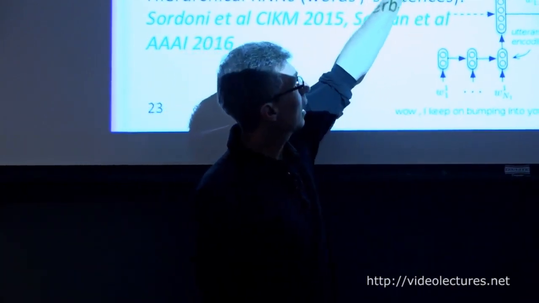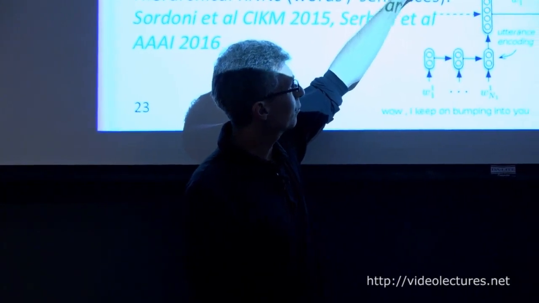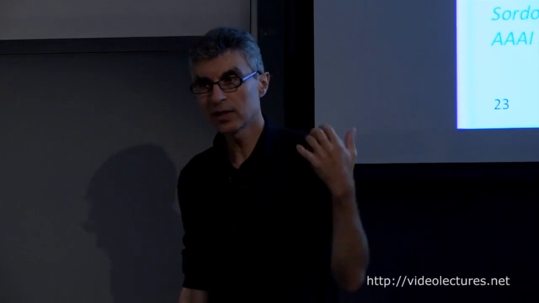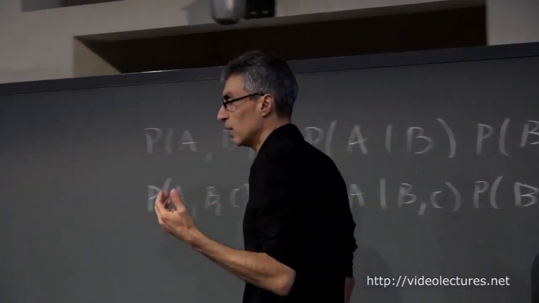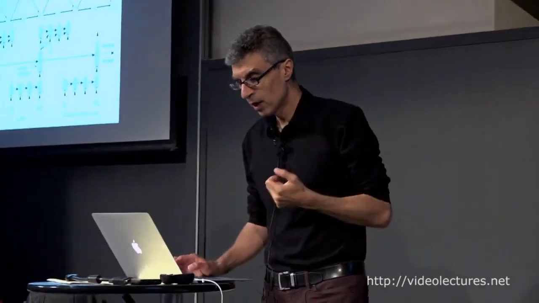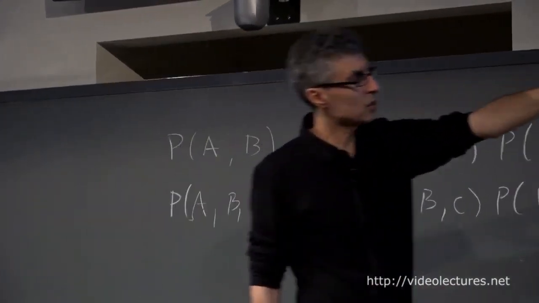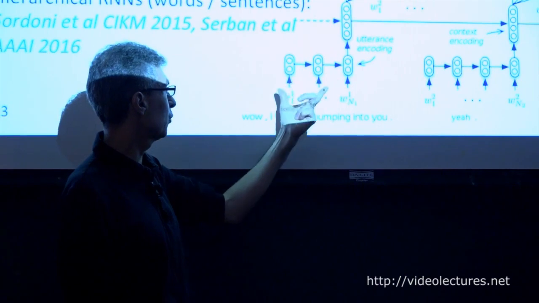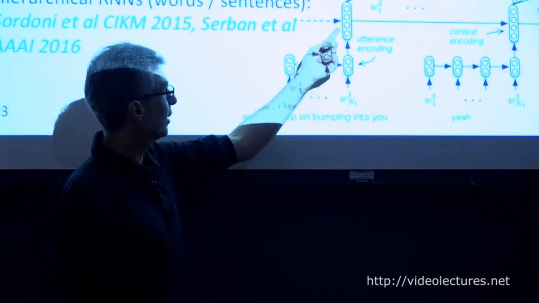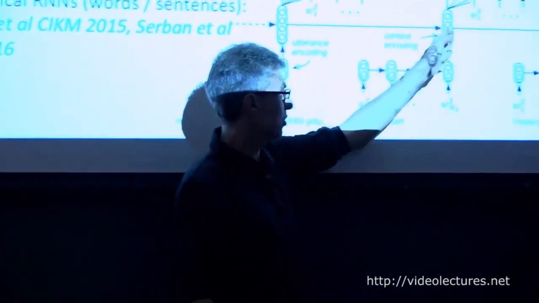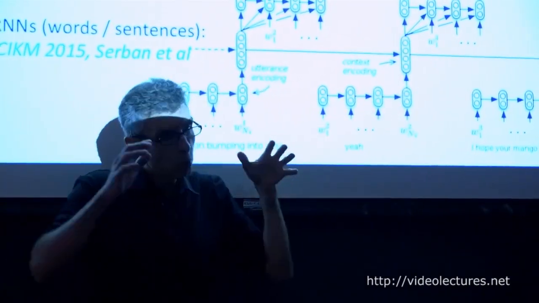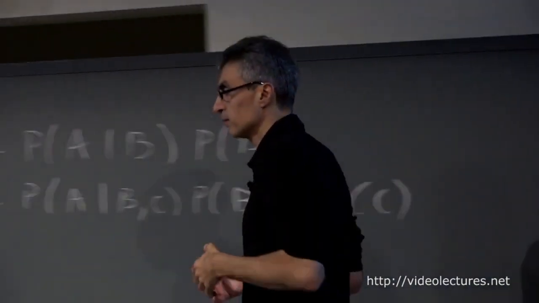Maybe the places where you have more frequent updates will be able to capture the short-term dependencies, and the higher levels, which change less frequently, will capture the longer-term dependencies. I think this is a good plan, and there's still a lot of research trying to make that plan work. More recently, we worked on something like this for dialogue, where you have two levels in the recurrent net, one that handles the words in an utterance, and the other that updates after each utterance, after each sentence. So this one can capture longer-term dependencies, and those can capture the within-utterance dependencies.